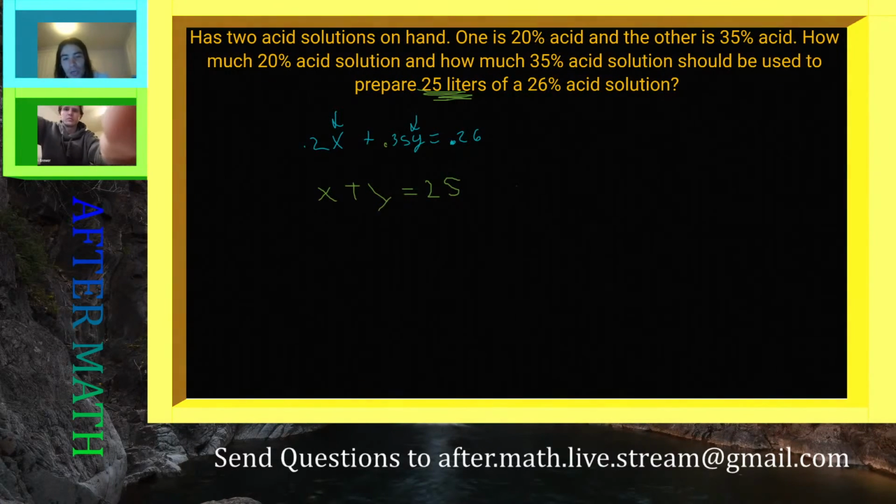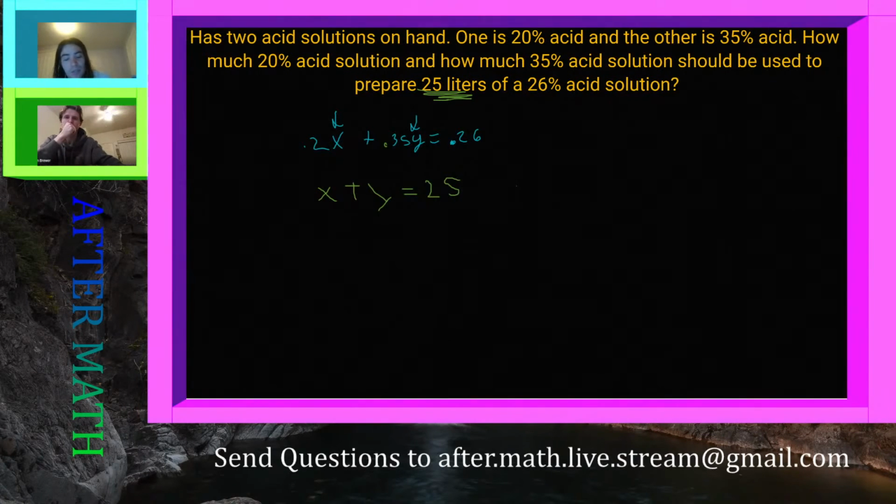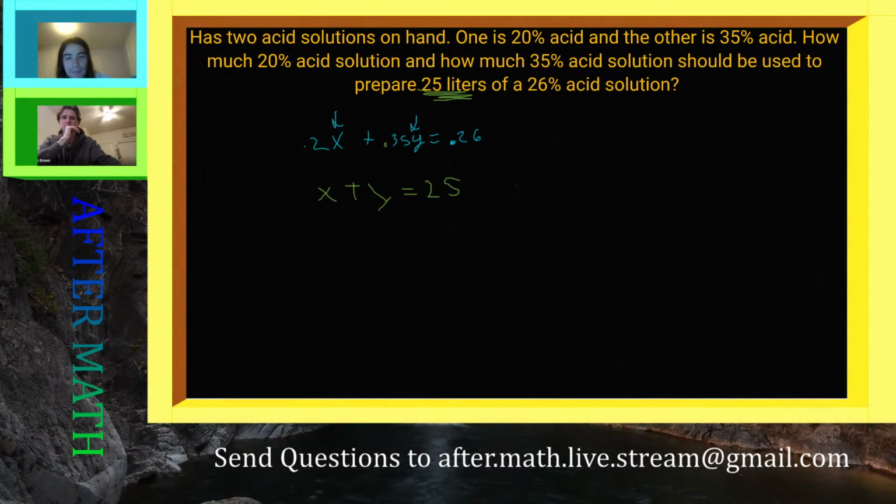Because per equation, you can only solve for one variable. So if you have more than one variable, you need more equations. In this case, we have two variables, so we need two equations.